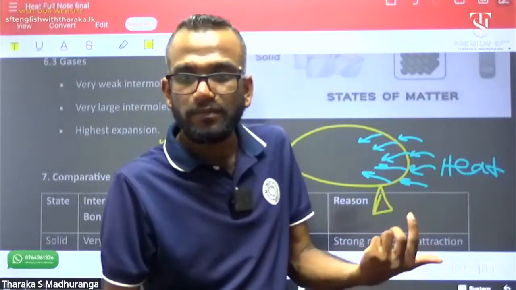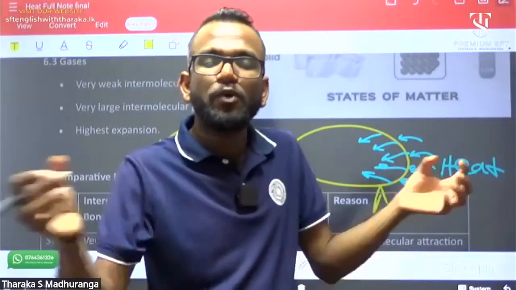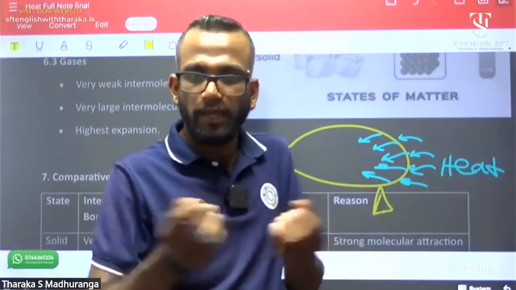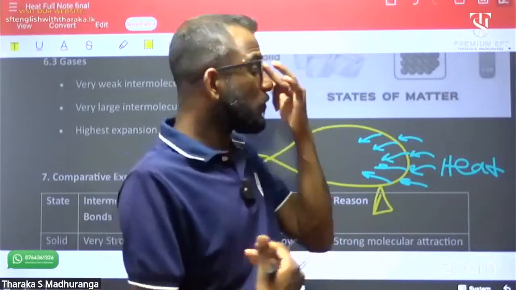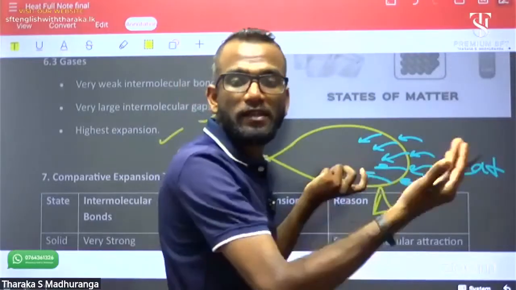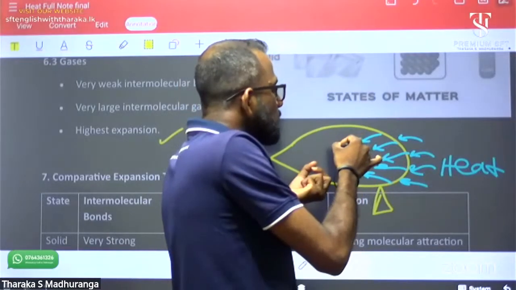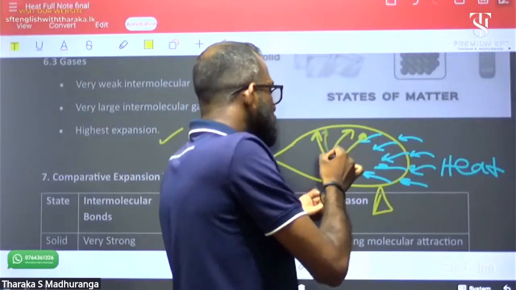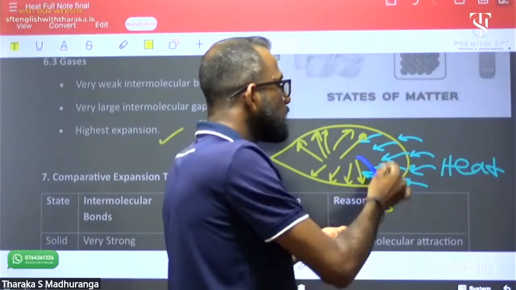What's the reason? They have very weak intermolecular bonds and they have more spaces. They have more chances to vibrate. But solid, it is very limited. Therefore, gases expand more than solid, at the same temperature. Due to that, the pressure on this balloon layer is increasing.